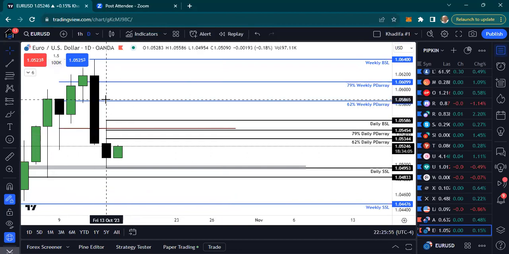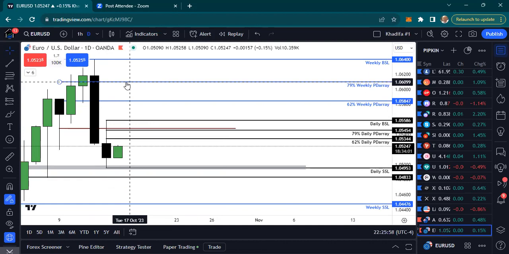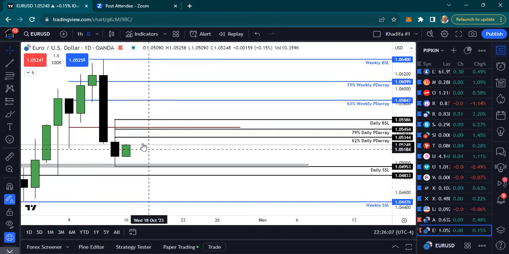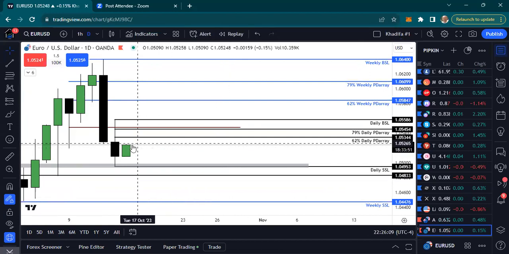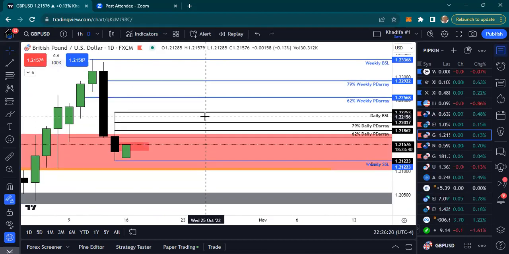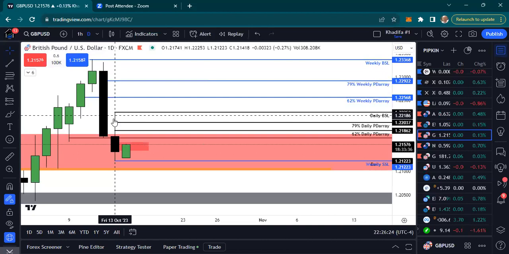And if we break above that aggressively and close above it, I would expect a run of the 79% weekly PD array level next, and so forth and so forth. But my bias for currencies is to the downside. So I do expect to see a sell off of Friday's daily premium PD array levels for Euro USD, as well as GBP USD, same thing.